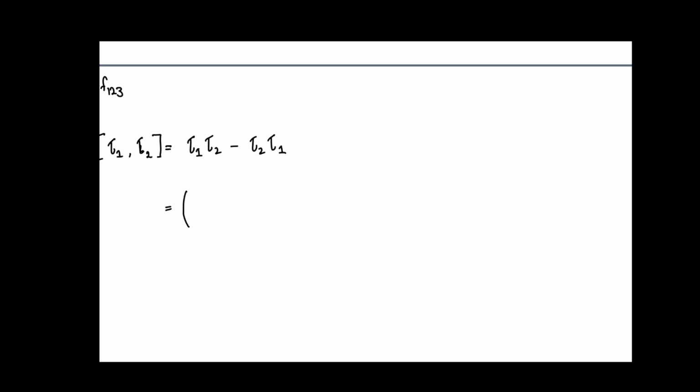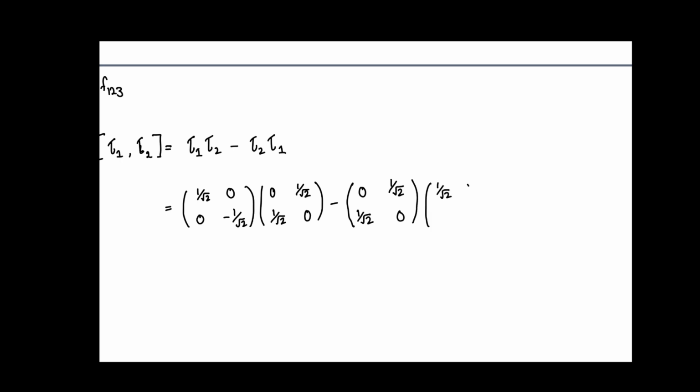So here we get 1 over root 2, 0, 0 minus 1 over root 2 multiplied by 0, 1 over root 2, 1 over root 2, 0 minus 0, 1 over root 2, 1 over root 2, 0, and then 1 over root 2, 0, 0, minus 1 over root 2.